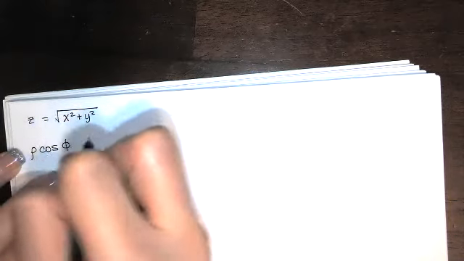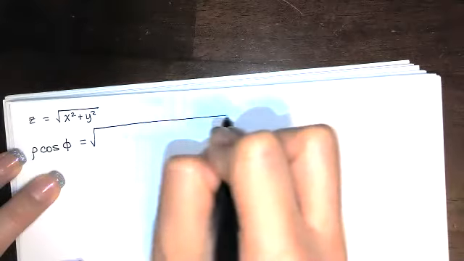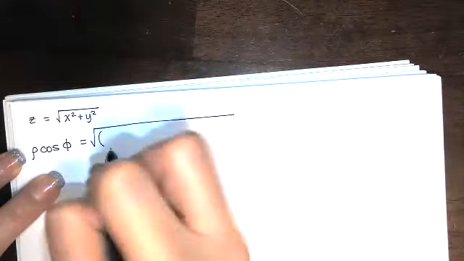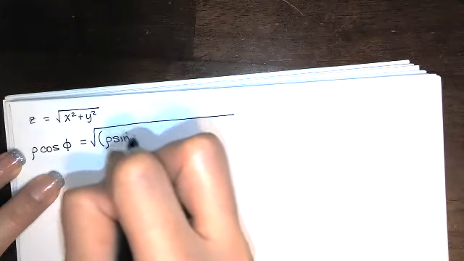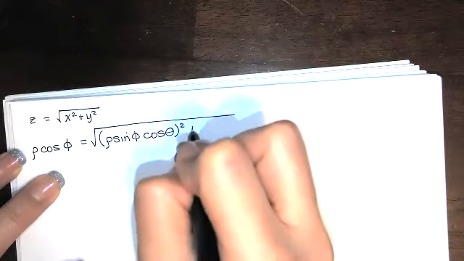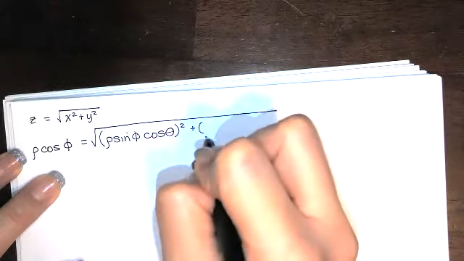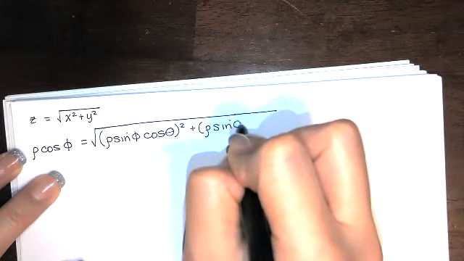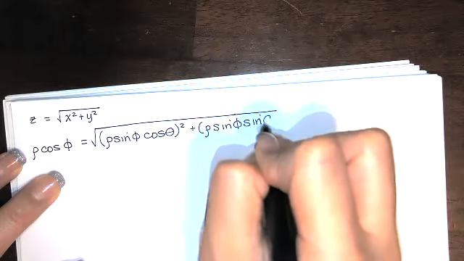So we've got z equals the square root of x squared plus y squared. And z is rho cosine of phi. And x is rho sine of phi cosine of theta. Y is rho sine of phi sine of theta.